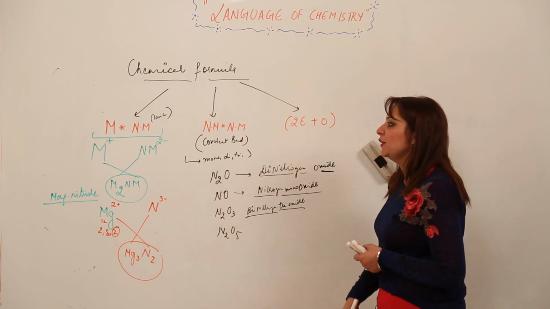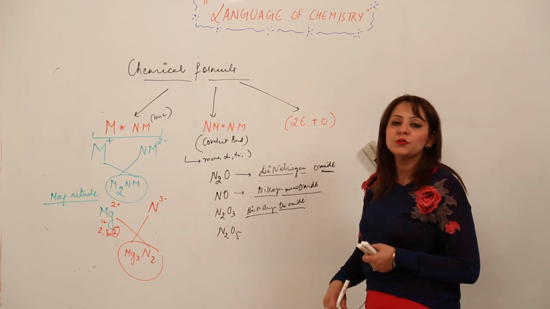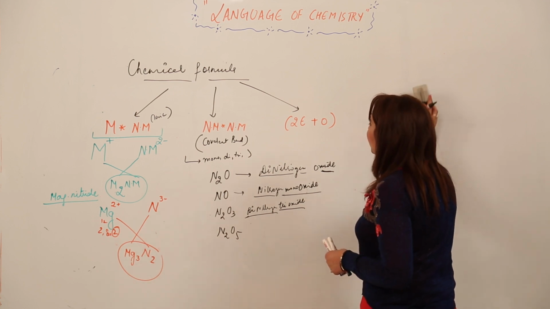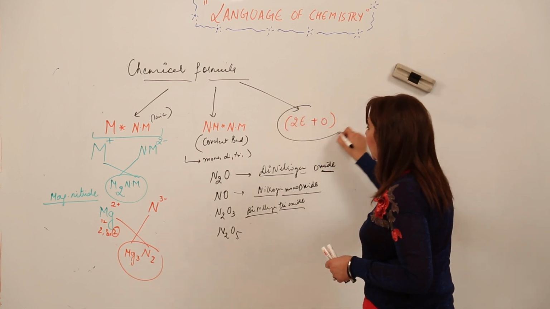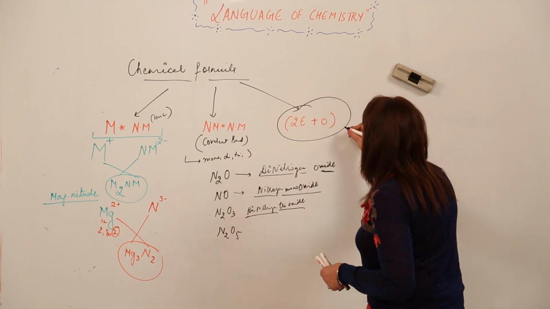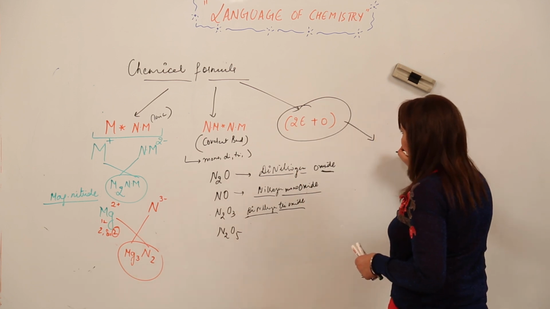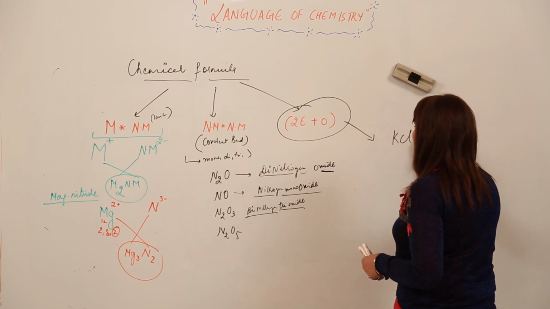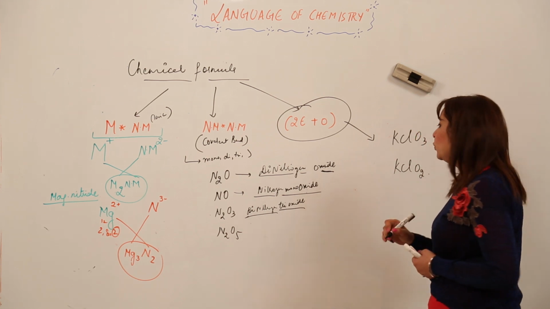So this is how you are going to name the non-metal compounds, which are bonded to each other by covalent bond. Similarly, we have the compounds between two elements and oxygen. For example, the example coming to my mind is KClO3 and KClO2. What do you call them?